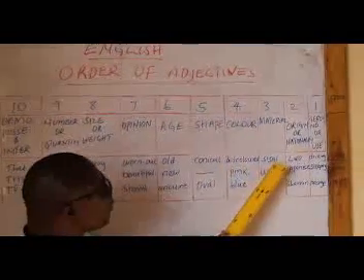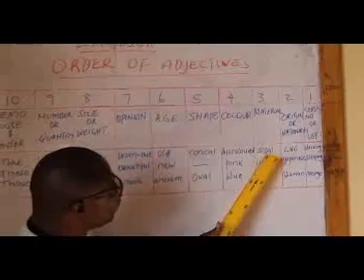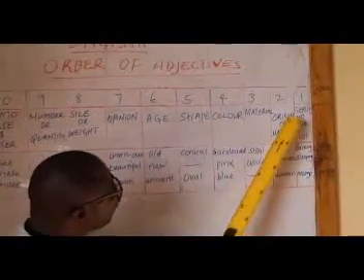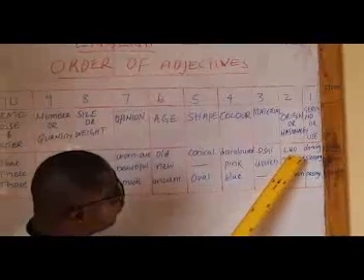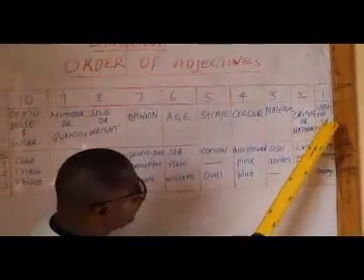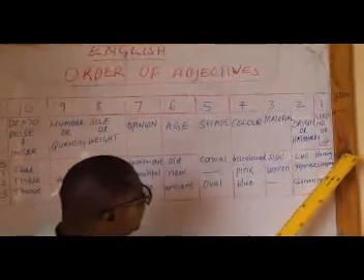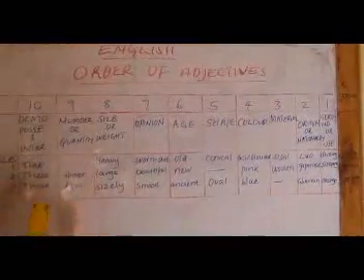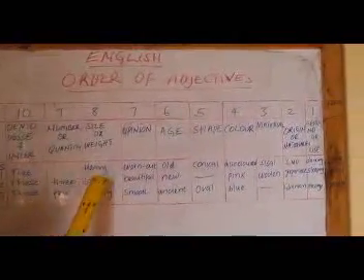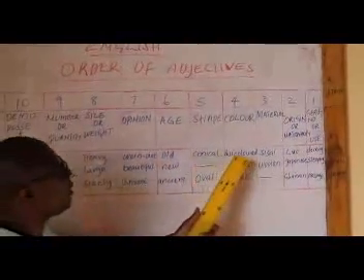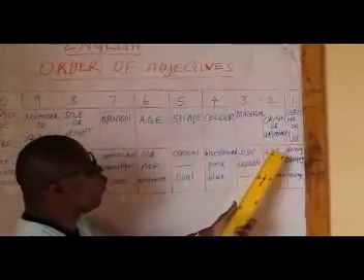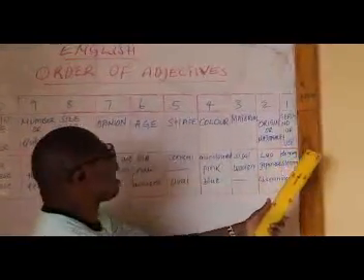Then sisal, that is the material that was used to make it. Then origin or nationality, we talk about Luo, that is the origin. Then the use or gerund, that is dancing. Then skirt. So the sentence will read this way: that heavy, worn out, old, conical, discolored, sisal, Luo, dancing skirt.